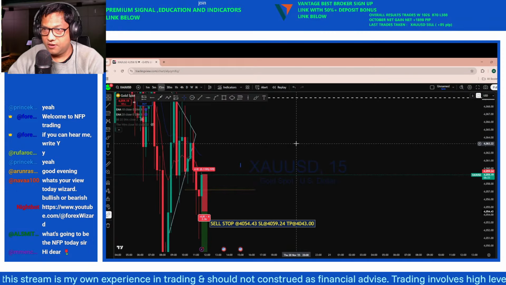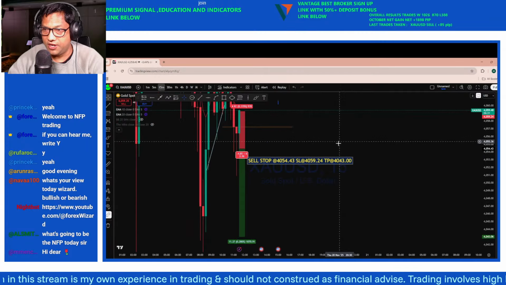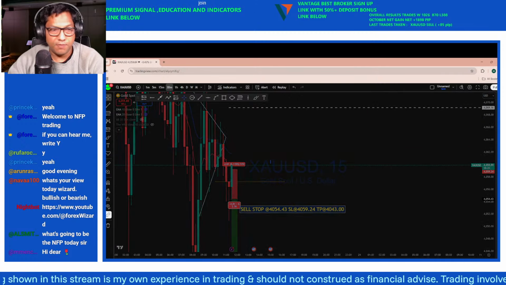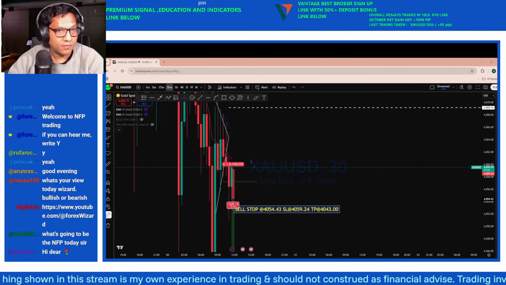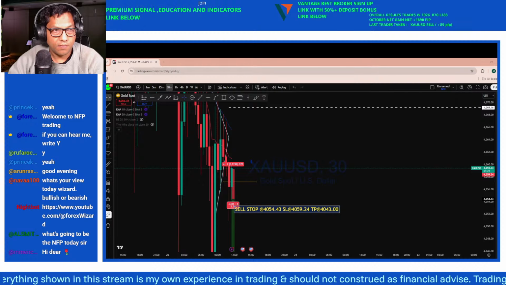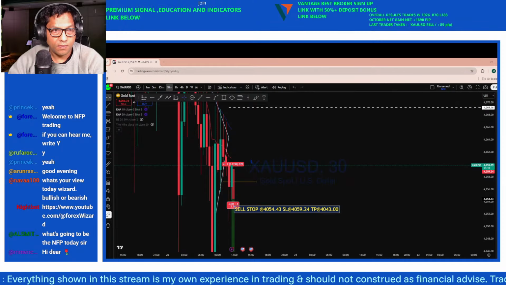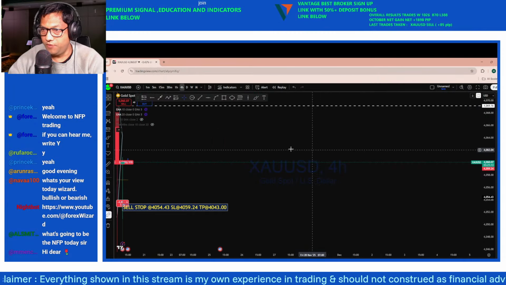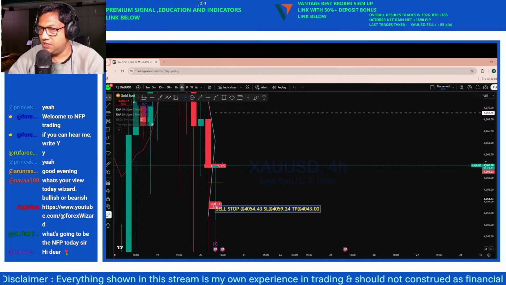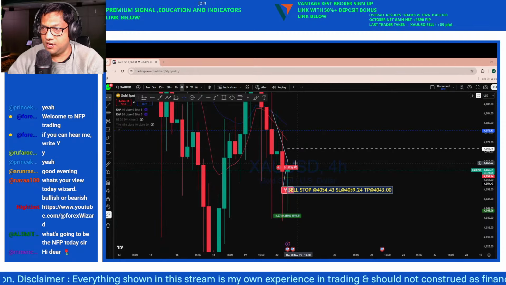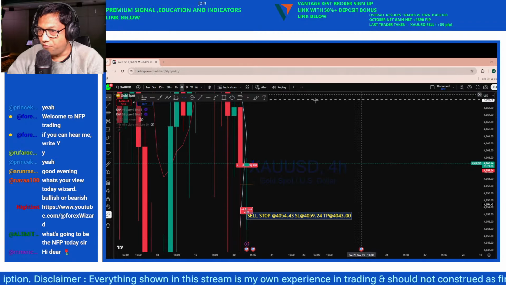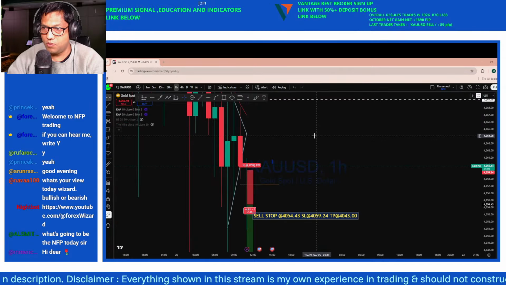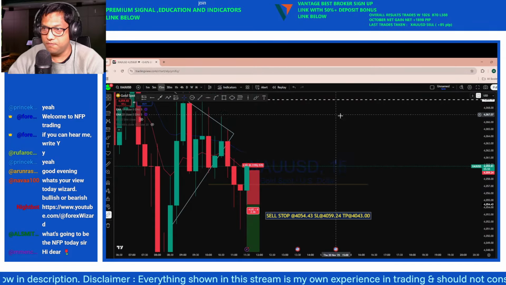And now here, this market, after breaking this low, is getting an upside bias. If you look at the 4 hour here, you can see the price just has touched the 4 hour high, and that's a pretty big move within a short period of time.